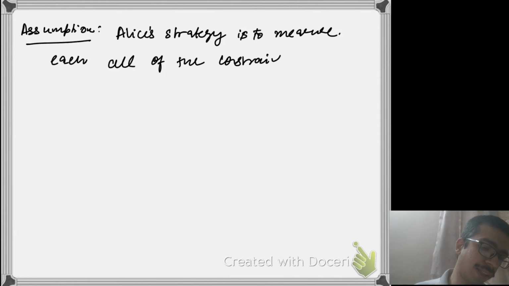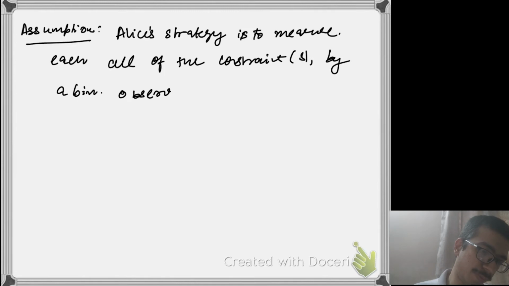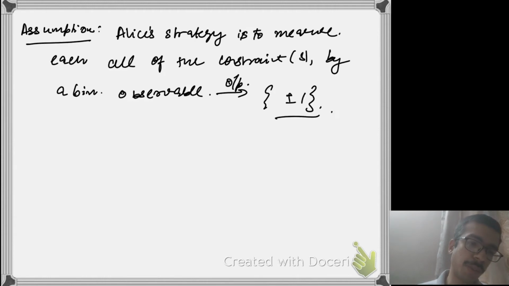So let's say that the constraint index is now S. So Alice's strategy is to measure each cell of this constraint S by a binary observable. So this produces the output which is plus minus 1.